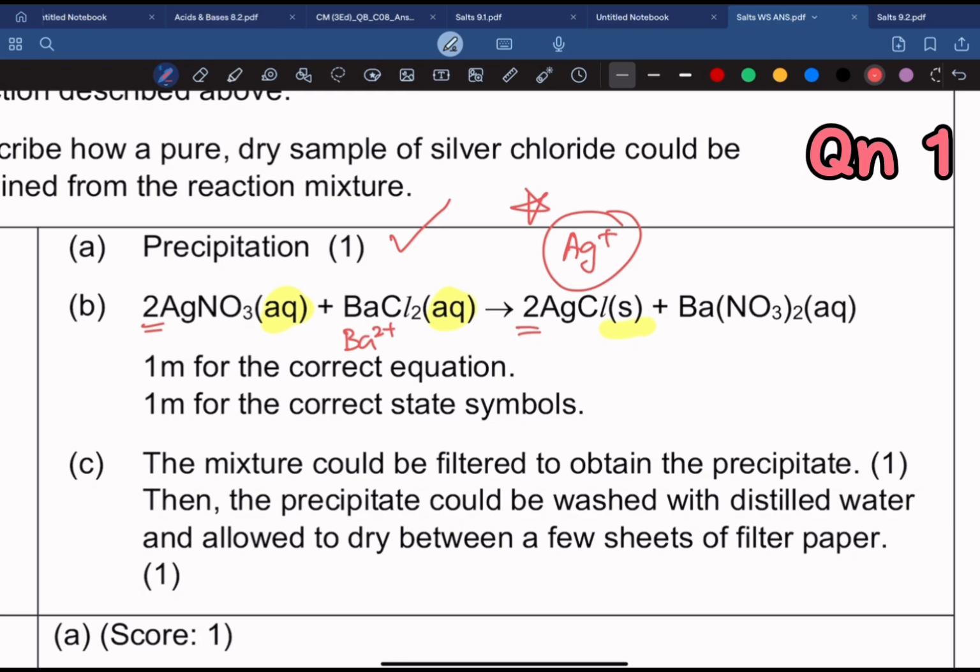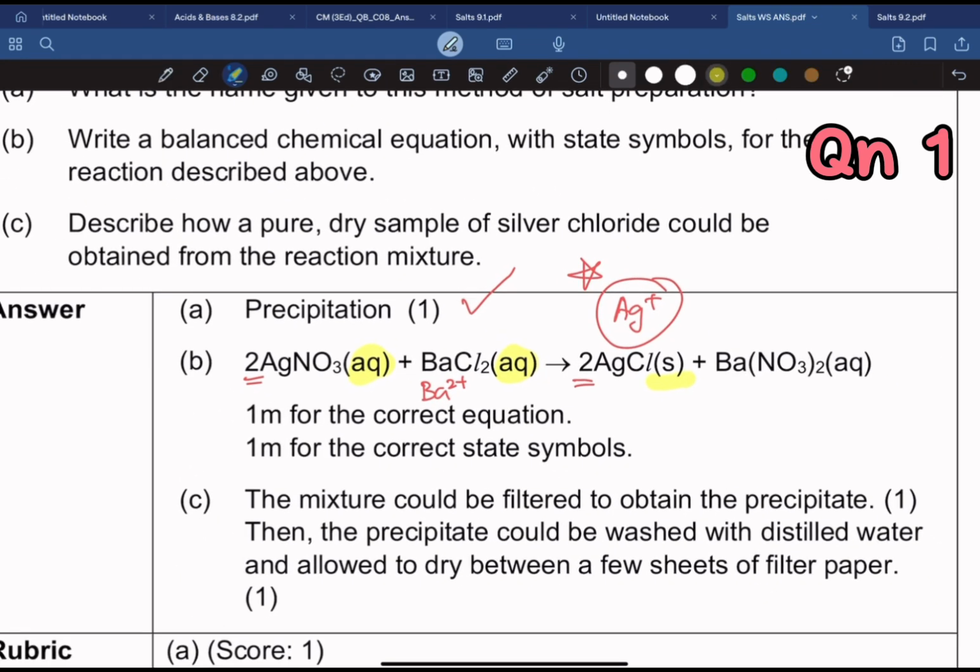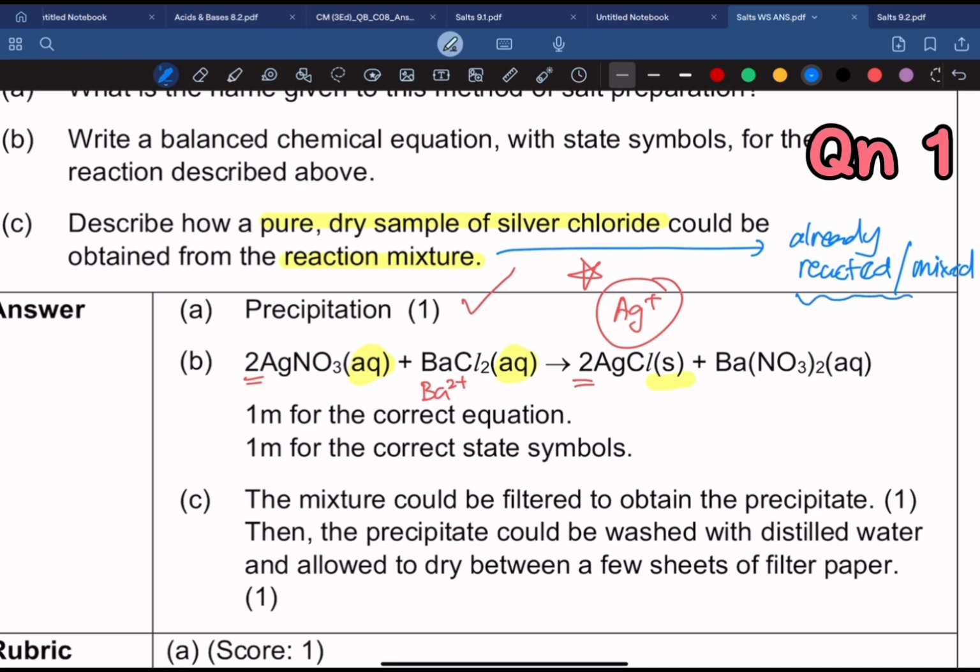Now next, they ask you how a pure dry sample of silver chloride can be obtained from the reaction mixture. Reaction mixture here means already reacted or mixed together. Sometimes the question asks you in this way because they don't want you to write so much to answer.